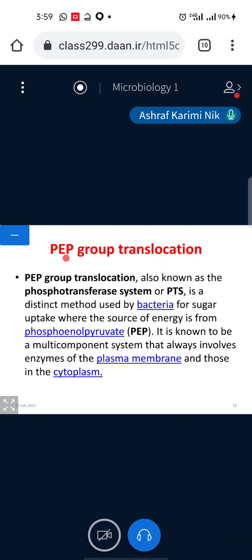PEP group translocation is a way of transport for some carbohydrates, not anything else, not H2O, not carbon dioxide, not urea. Just for some carbohydrates.